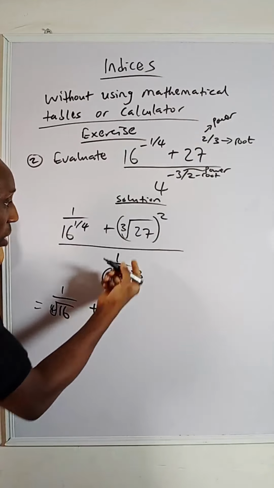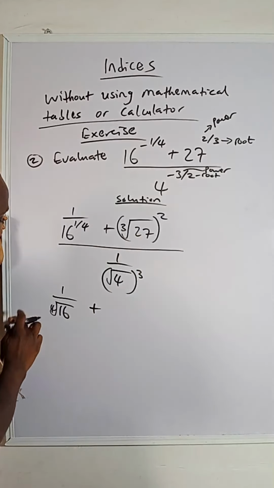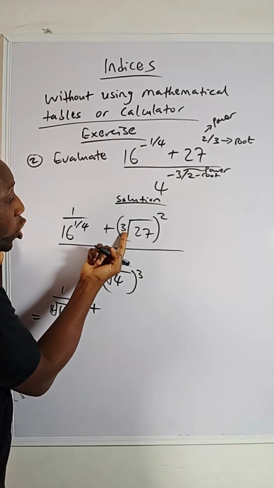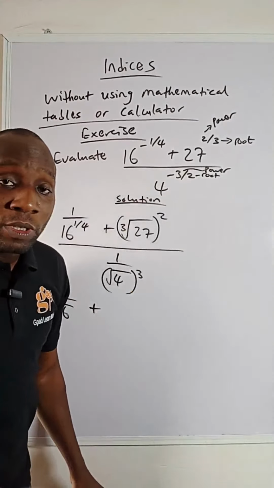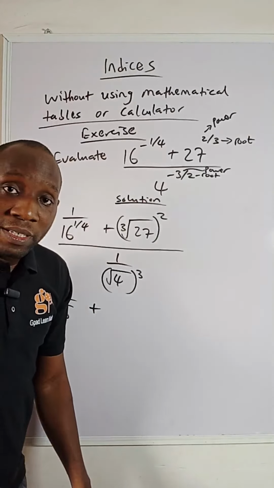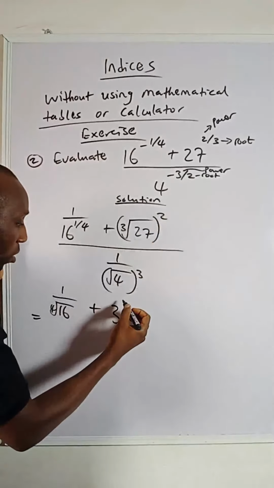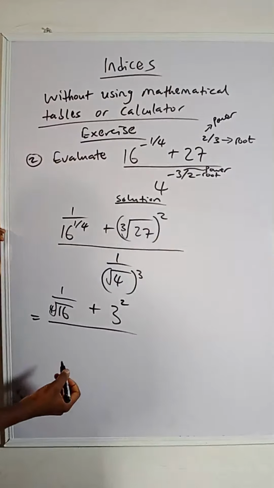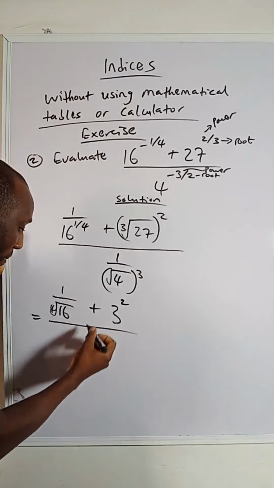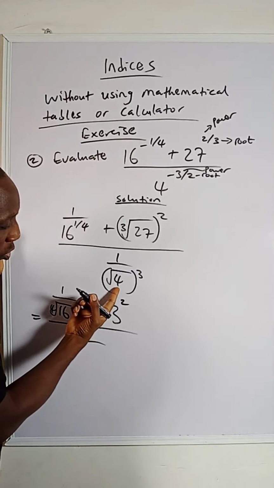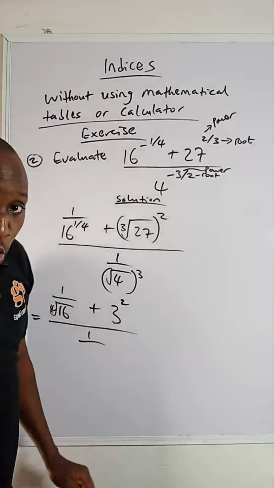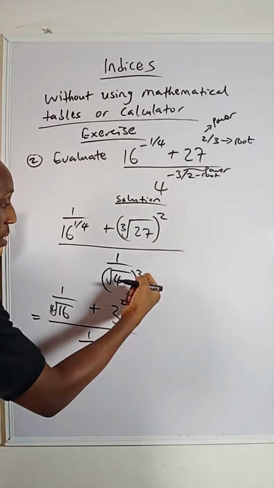Then plus, what about this one? This is the cube root of 27. What is the cube root of 27? 3, because 3 times 3 times 3 is 27. So this is going to be 3 raised to the power of 2. Yeah, it's getting more simplified. And this is 1 over the cube root of 4.